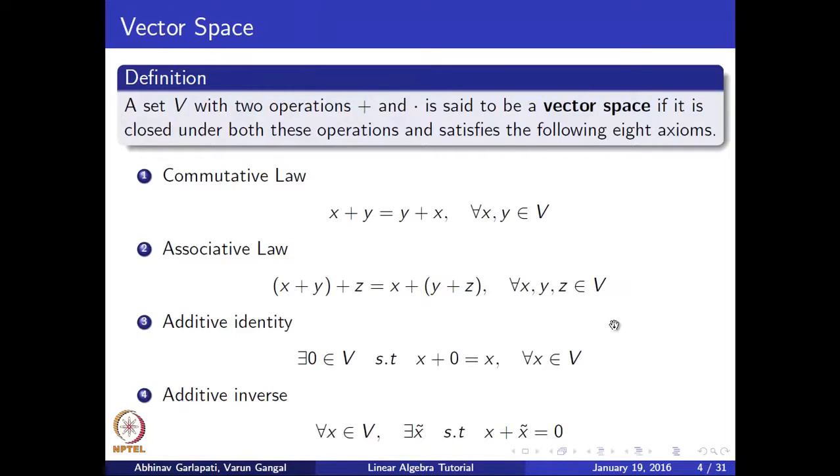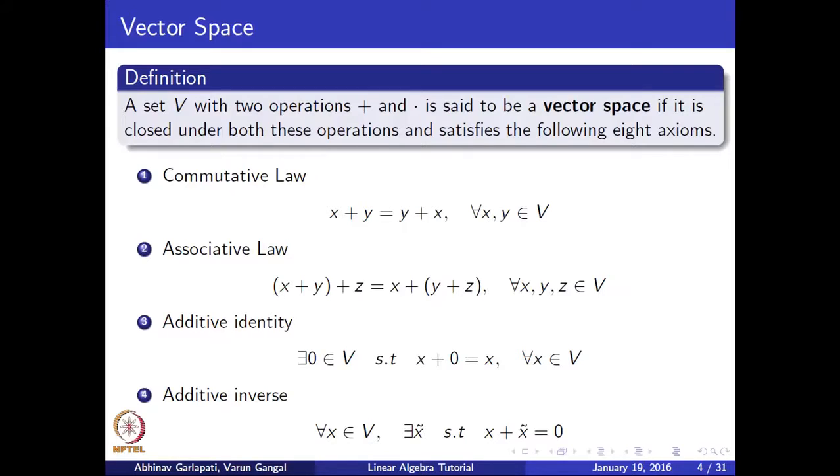A fundamental definition in linear algebra is that of a vector space. A set of vectors V is said to be a vector space if it is closed under the operations of vector addition and scalar multiplication, and in addition satisfies the axioms we have listed here.